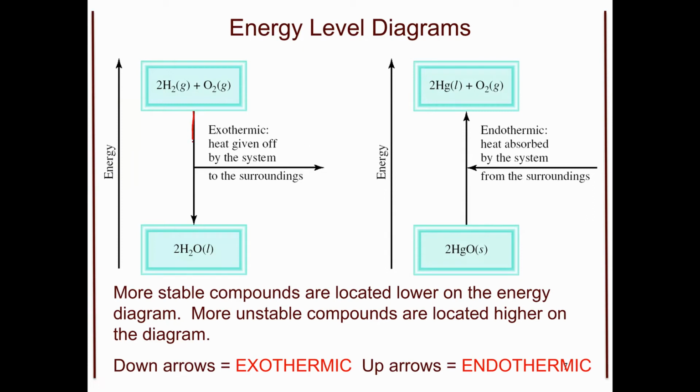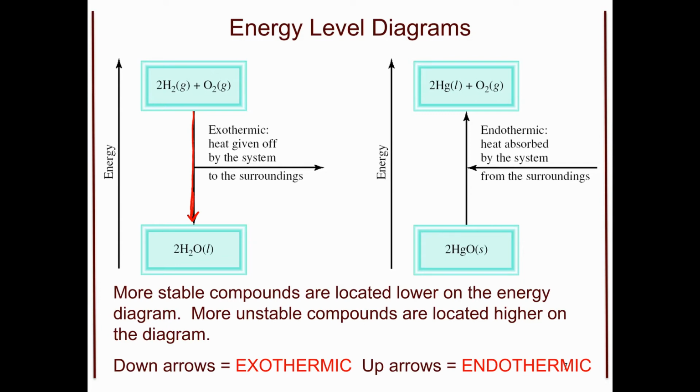So you'll notice that the arrow always goes from reactants to products. In this case, our reactants are higher in energy, going and forming lower energy products. Well, where does that energy go? This means that it must be given off to the surroundings, and our left diagram is an exothermic reaction.